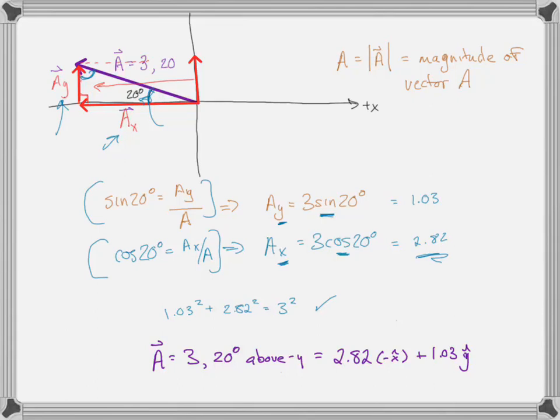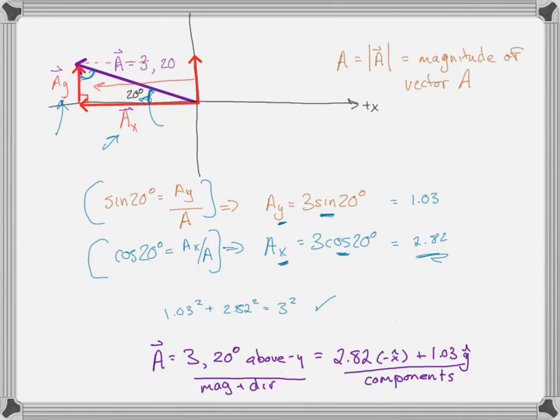So that is the way of writing. So this, we've written our vector in what's called magnitude direction form, magnitude and direction. And this, we've written our vector in component form.